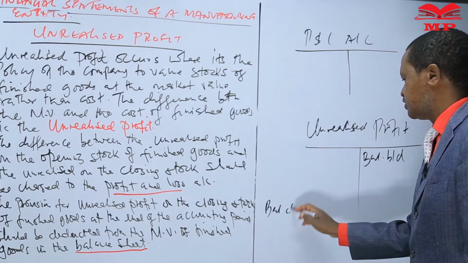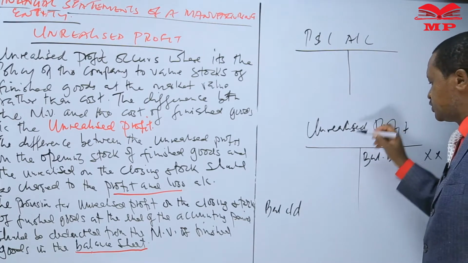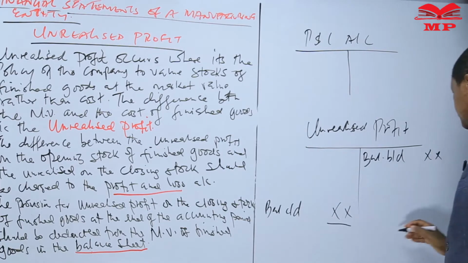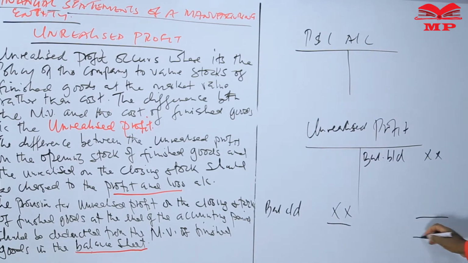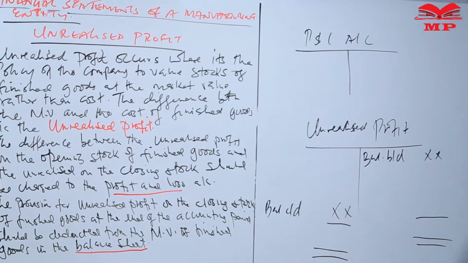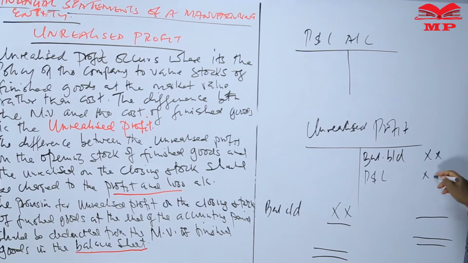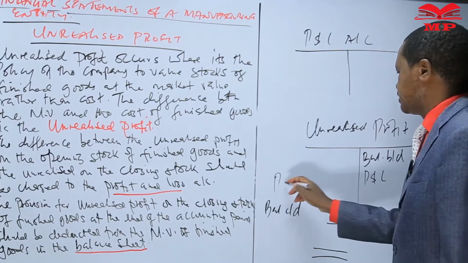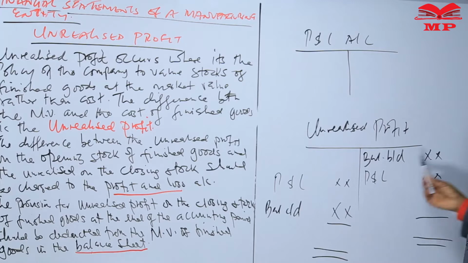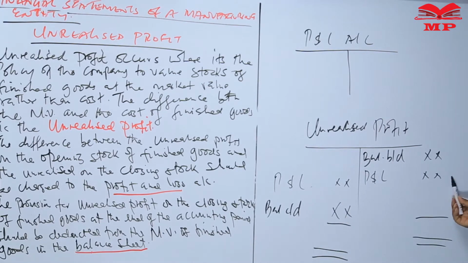The balance carried down at the end, ideally this account, the balance carried down on unrealized profit should be on the debit side. So the difference between these two balances can either be on this side or on this side, depending on the values. The balancing figure can either appear on the debit side or on the credit side.